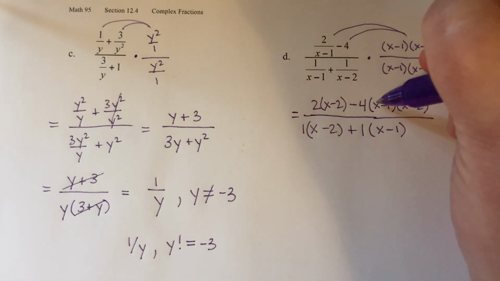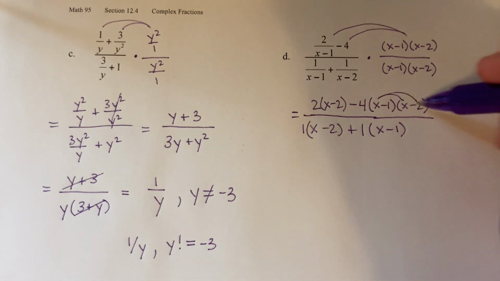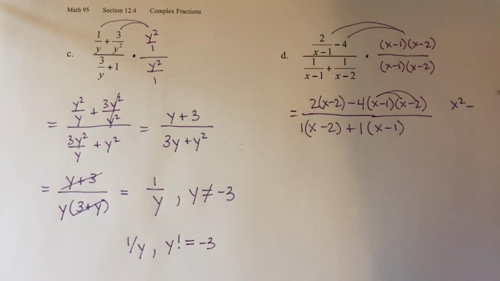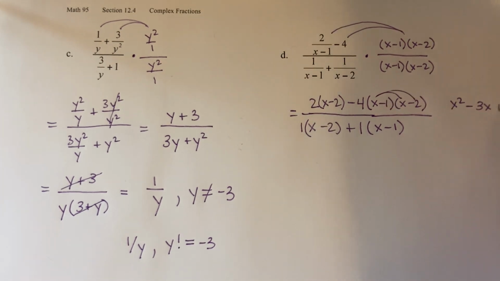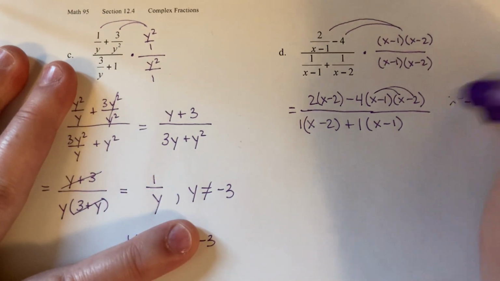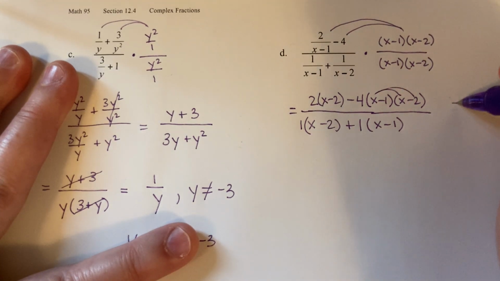First thing I'm going to do to simplify is multiply this piece out, because this is a FOIL. It's going to be x squared minus 2x minus 1x minus 3x, and then negative 1 times negative 2 is plus 2. And actually, let me put the negative 4 in front of it too, because that looks like it's a little complicated.